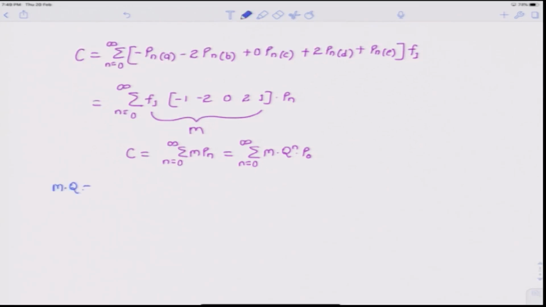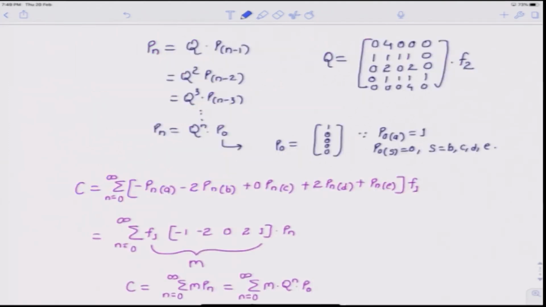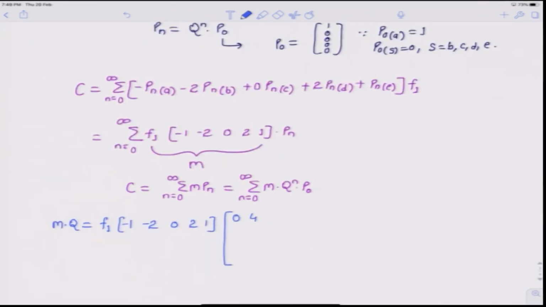M times Q. We know M is equal to F1 times minus 1, minus 2, 0, 2, 1, and Q is nothing but the matrix with entries 0 4 0 0 0 0 4 0 0 0 1 1 1 1 0 0 2 0 2 0 0 1 1 1 1 0 0 0 4 0, times F2.